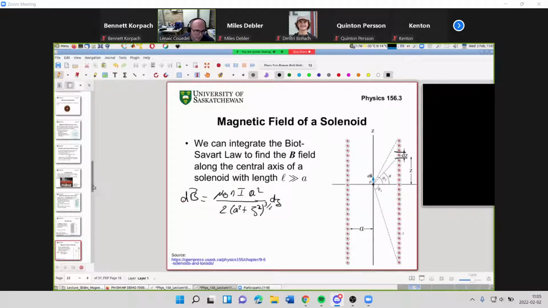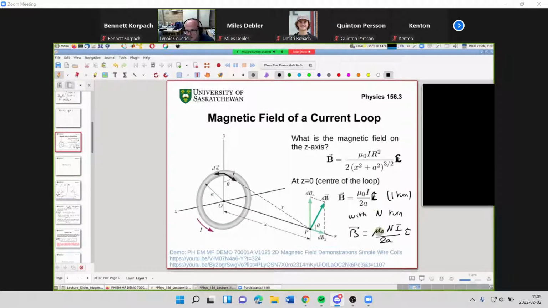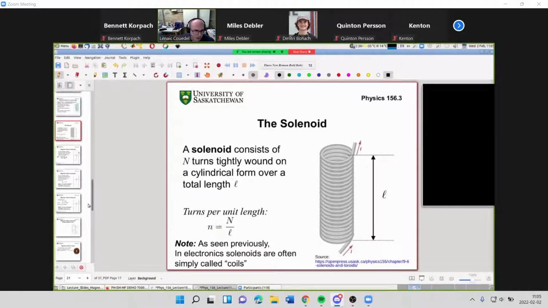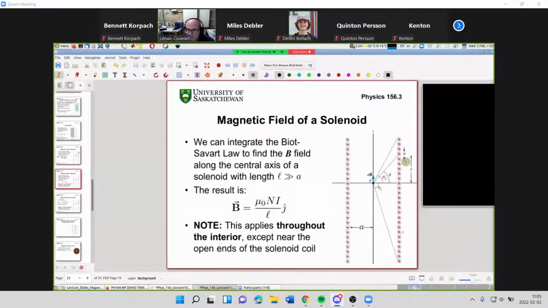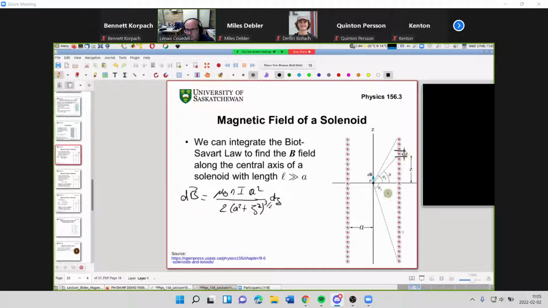Okay, so the capital N you had coming here because you had N turns of wire. In this situation right there, you just know that you have n turns per unit length. The unit length here is dz with a length z.